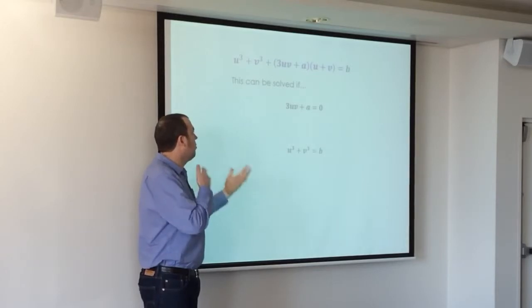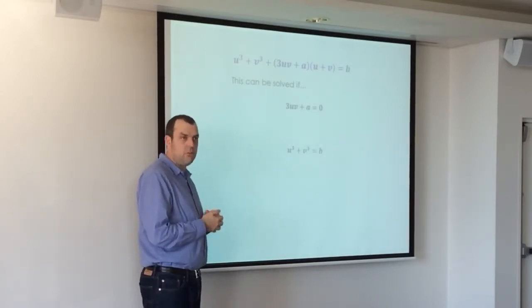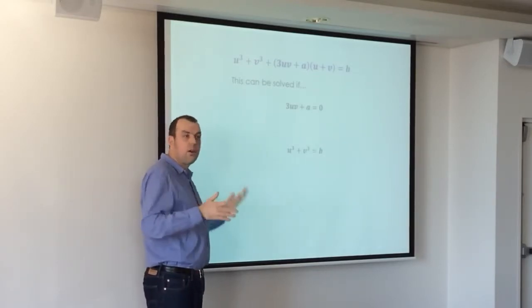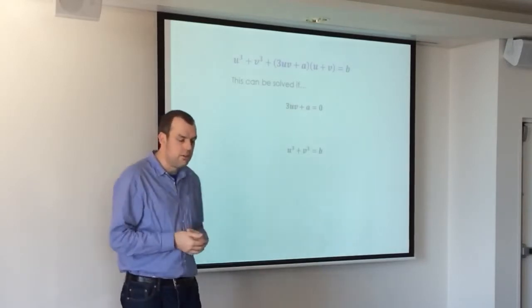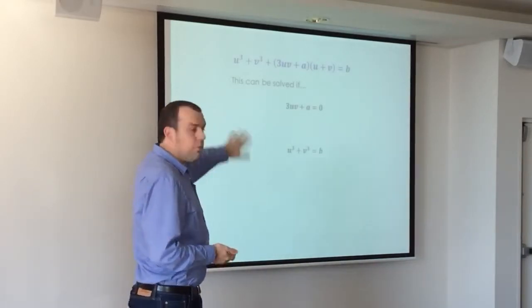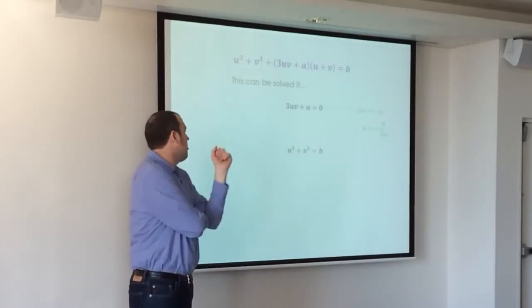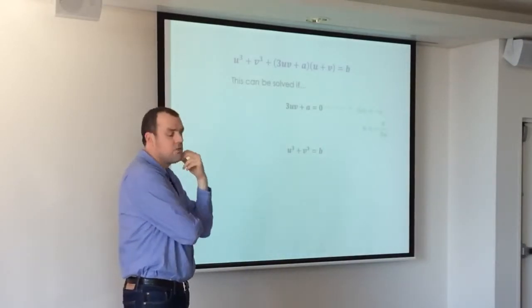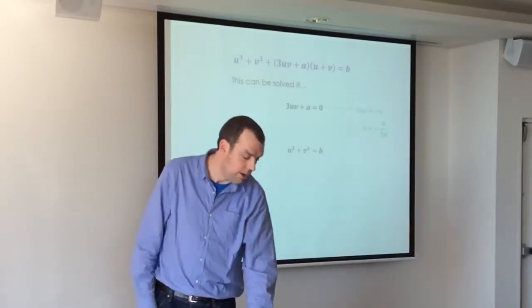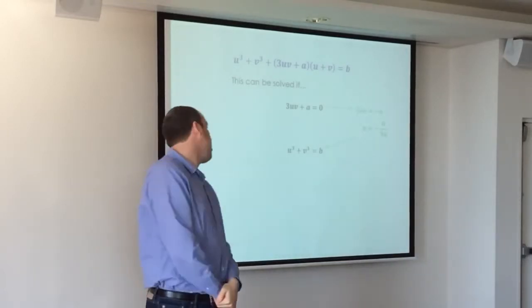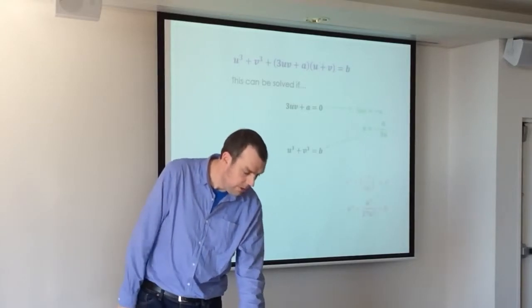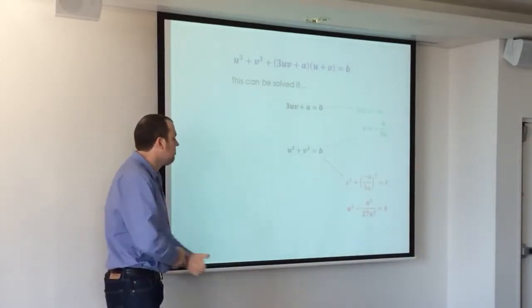But what other options are there to solve this, and would they give different solutions, and how do we know this is heading in the right direction? But that will solve it, and so we can make v the subject there, so v equals negative a over 3u. We can substitute it into there, because they both have to be true, and arrive at this.